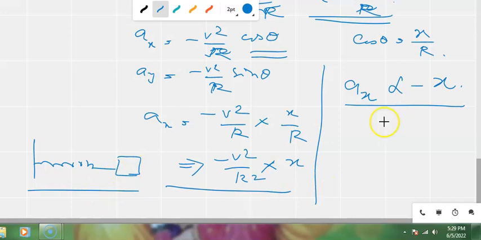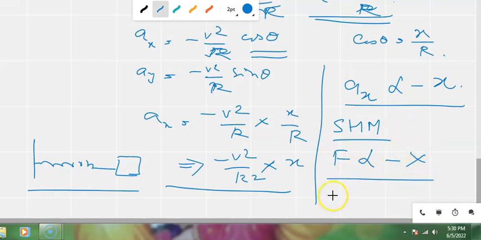Here we have derived the nature of the force responsible for simple harmonic motion: the force is proportional to the displacement and directed against it. That is why it is called a restoring force, because when you try to stretch it, it tries to pull back.